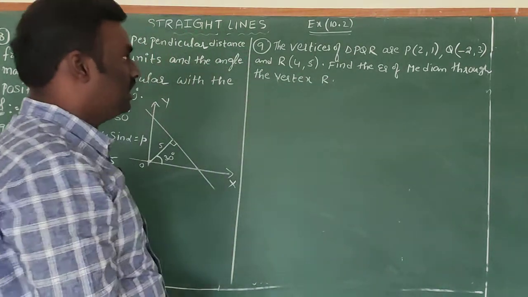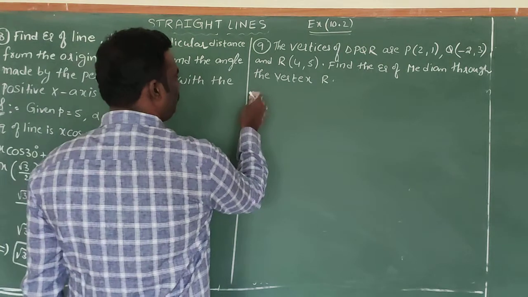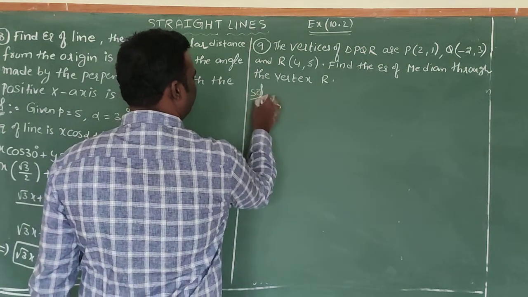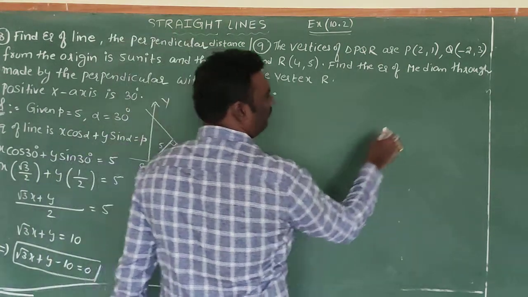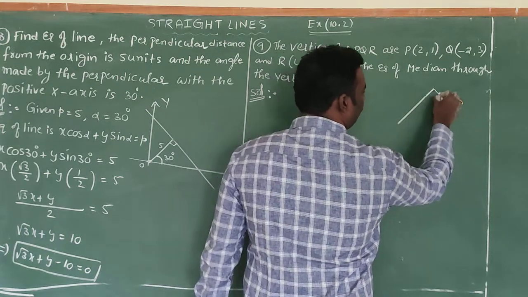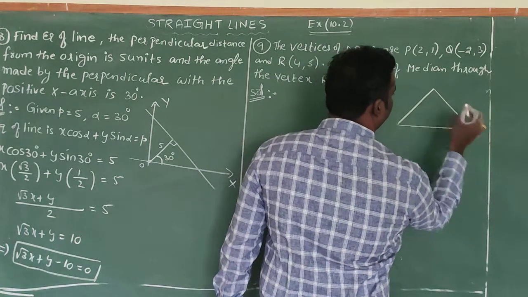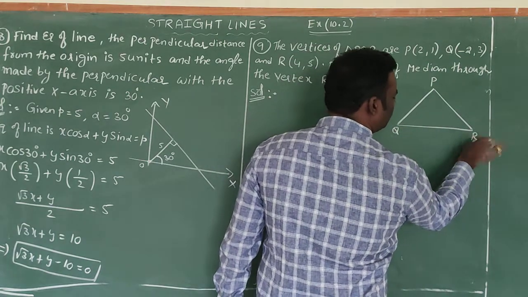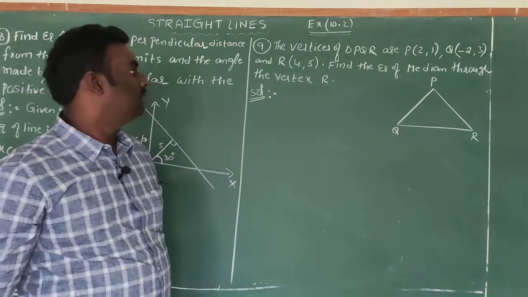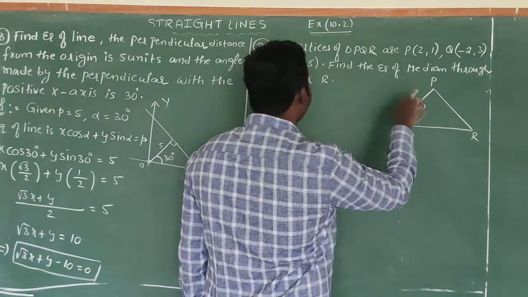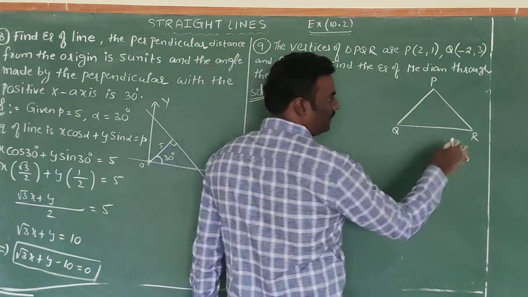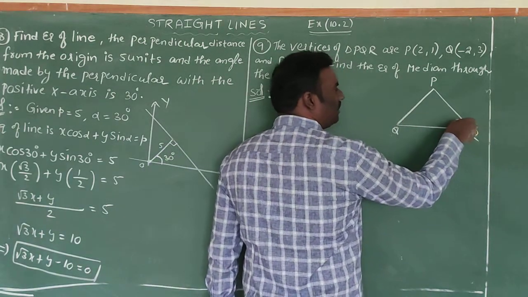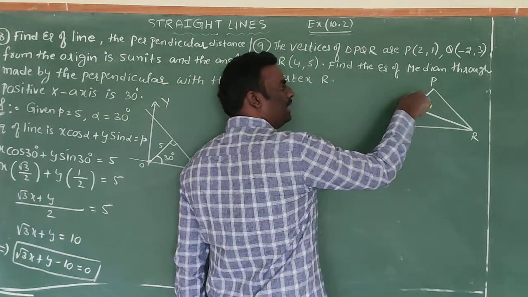Okay, first you draw the diagram, the triangle diagram, P, Q, R. We need to find the equation of the median to the vertex R. This is called the median.